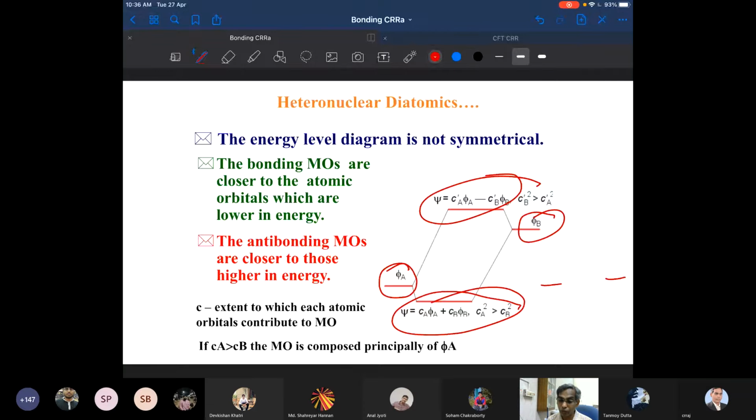The energy cannot be the same. Say, for example, this is A's energy, and here is B's energy. But one thing we need to keep in mind is that the energy gap is not too large for an overlap to occur. If it is too large, there won't be any reaction between these two atoms, A and B. There won't be any bonding between A and B. Right?